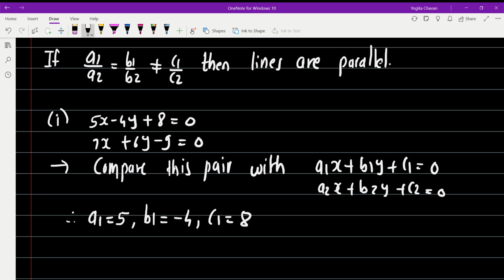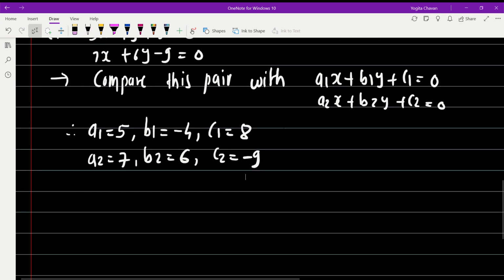And similarly, what is a2? Now look at the second equation, a2 is equal to 7, b2 is equal to 6 and c2 is equal to minus 9. Now compute the ratios.